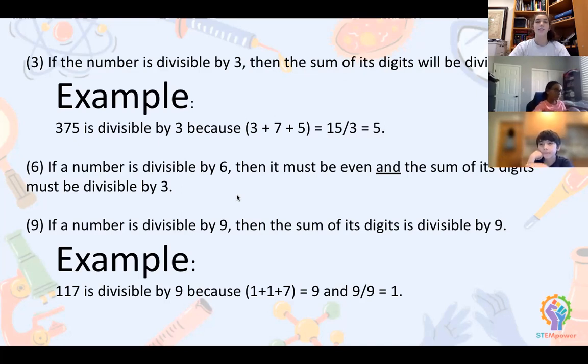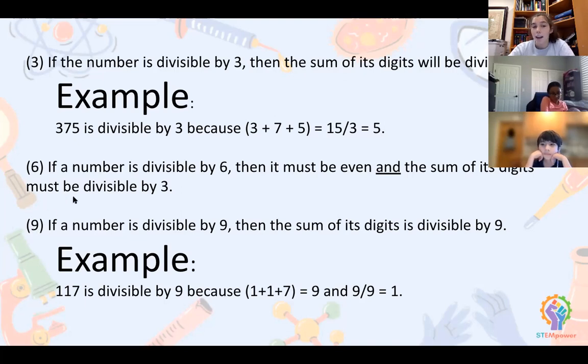Exactly, yep. So it's even, and if you add the digits together, then it's 9, which is divisible by 3. So it's divisible by 6. Exactly. So all these rules will make it a lot easier to find which numbers a certain number is divisible by.